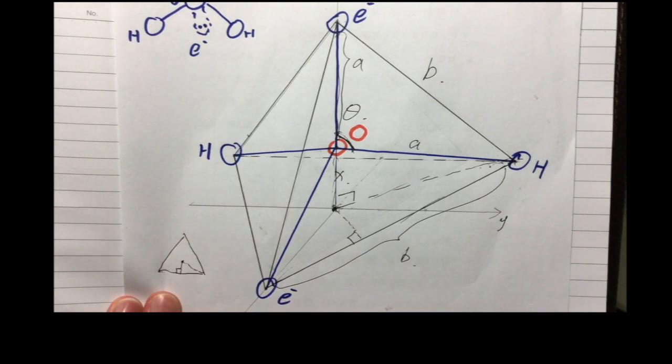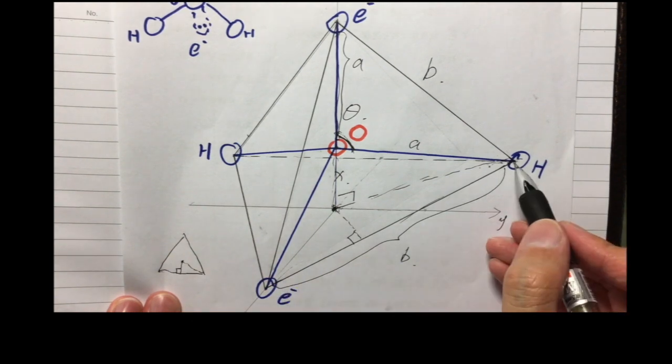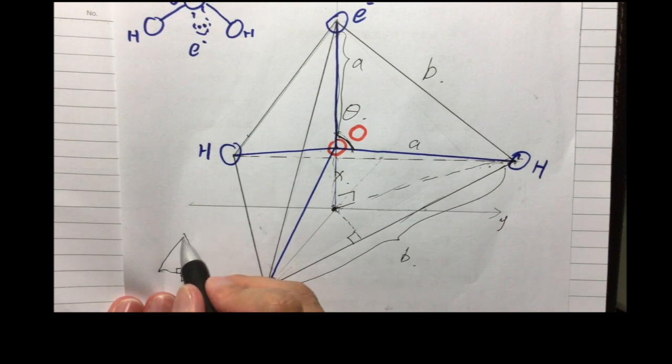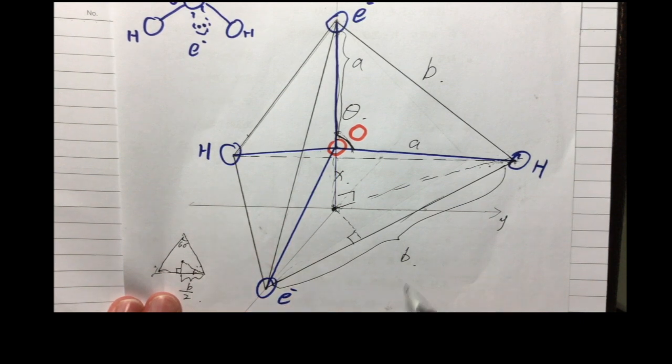So just like this, right? This length is b, so this length will be half of b, right? And we know that this is an equilateral triangle, so 60 degrees for all angles. And this line will be dividing this angle into 2 equal parts. So this part will be 30, right?